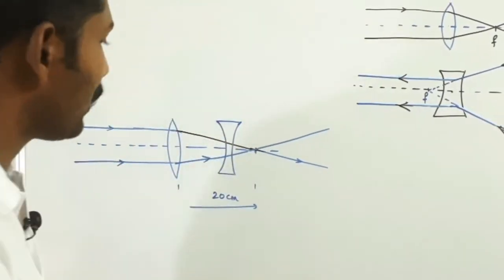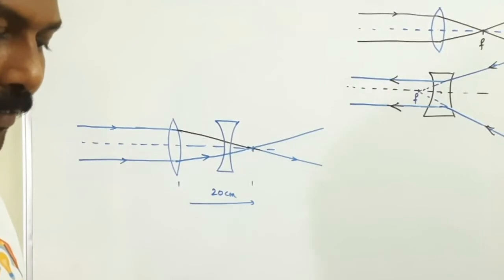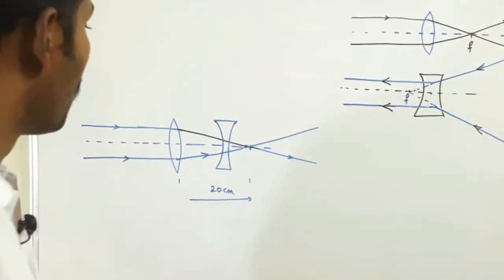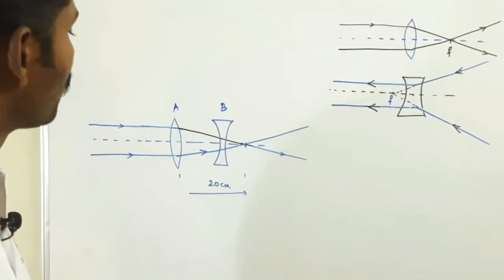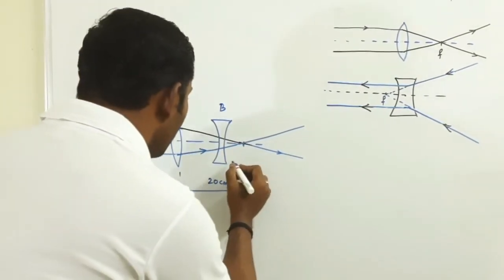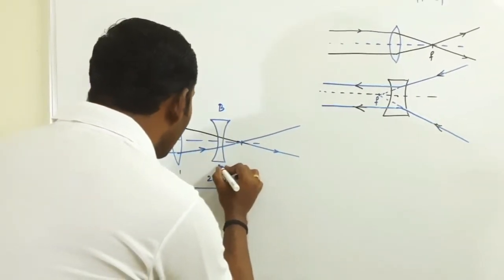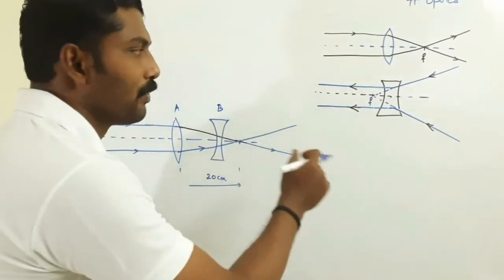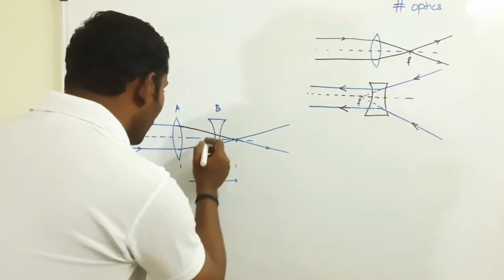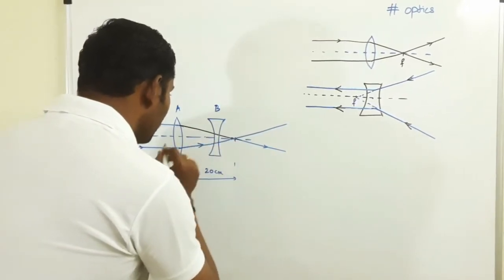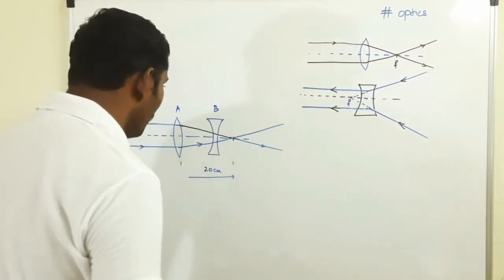Okay, so it is said that the concave lens, that is lens B, has a focal length of 5 centimeter; this is lens A. If it has a focal length of 5 centimeter, let it be this, right?